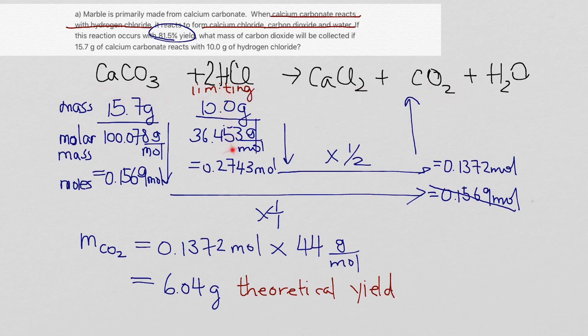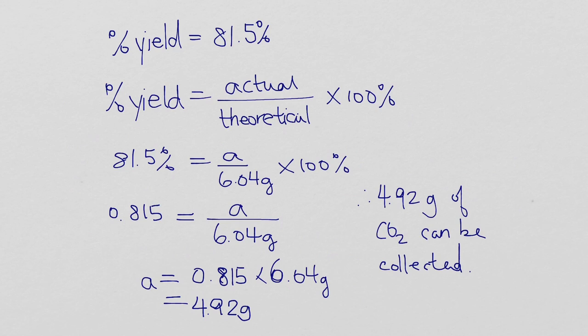This is our limiting reagent. Then use the limiting reagent to determine the amount of product that could be formed, which is also the theoretical yield. After we determine the theoretical yield, we can use it with the percentage they gave us and say that we can only make 81.5% of this theoretical yield, 6.04 grams. So in reality, the actual yield made in a lab is 4.92 grams. So that's what we did.